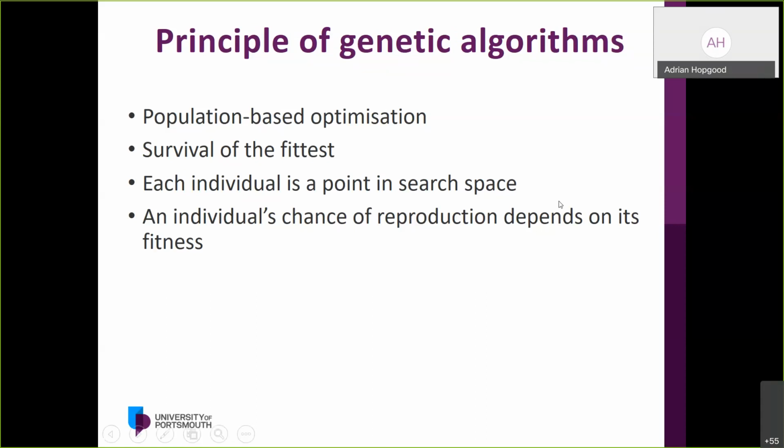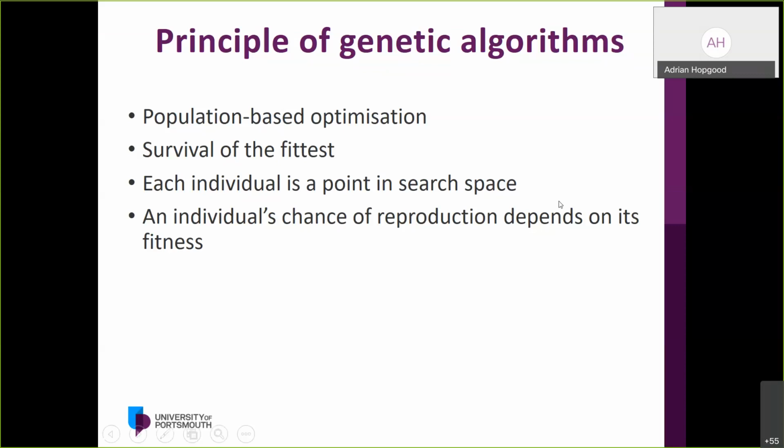The offspring have characteristics of their parents, but they're not clones, they're not identical, and those that are better than their parents have more chance of reproducing. Meanwhile, those that are less fit than their parents tend to die away. So just as with Darwinian evolution, the population as a whole evolves towards an optimum.